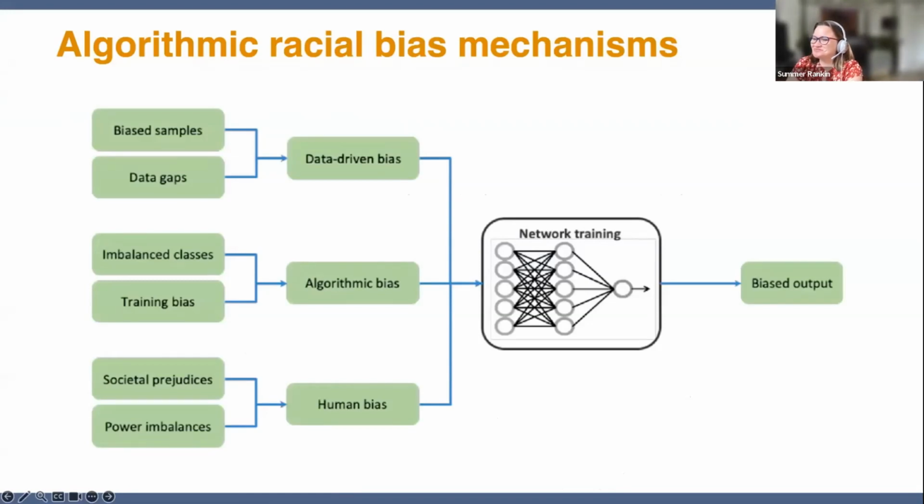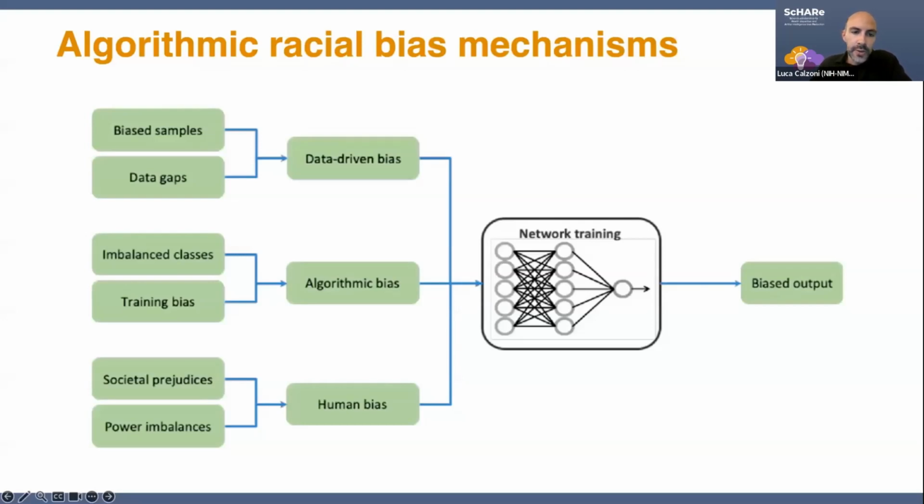Sure. So we wanted to provide you with some examples of the mechanisms that can lead to racial bias here. We found this diagram particularly helpful. Bias can be data-driven when it results from the data, so from either biased samples or data gaps. Then you can have algorithmic bias resulting from either imbalanced classes or training bias, so from the way the algorithm was trained.